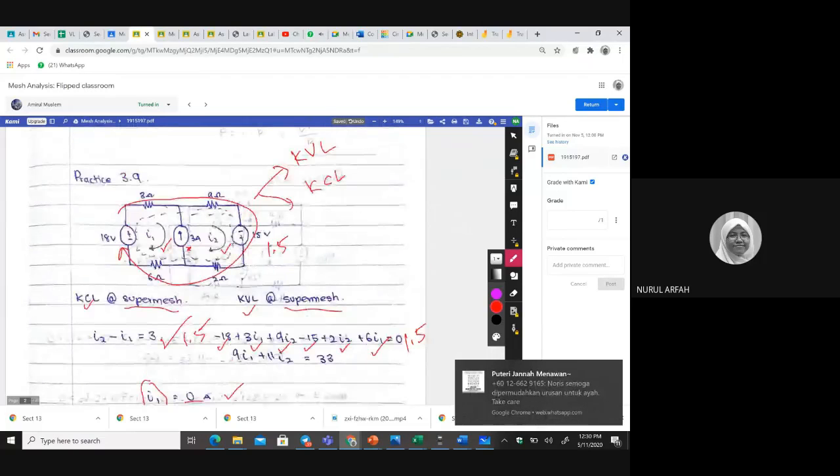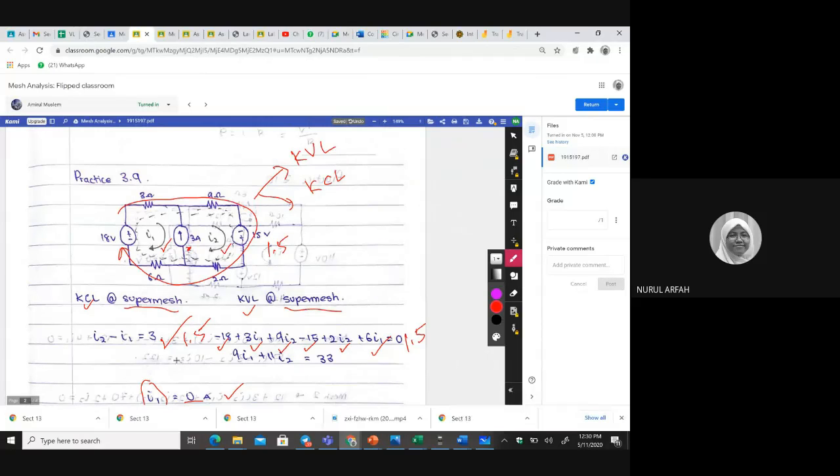So if 0, then you know straight away that this element and this element will all have power equal to 0. But what is left? There are 4 elements in the circuit here: the 9 ohms, 15 volt, 2 ohms, and 3 amps.